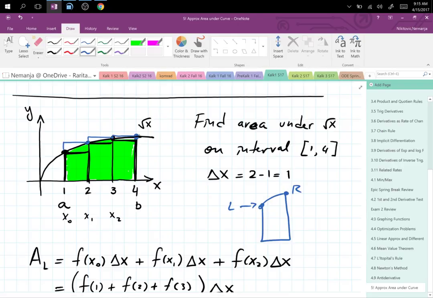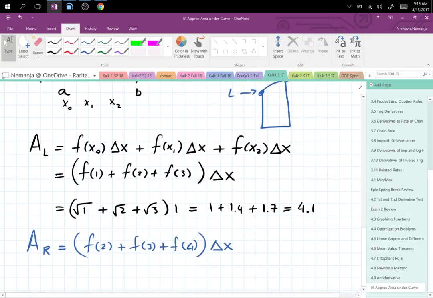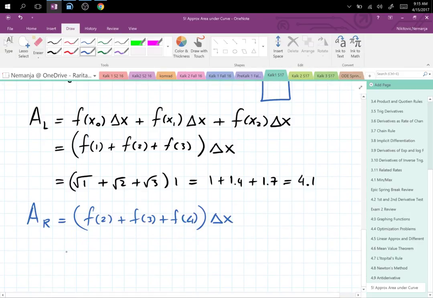So they're shifted by 1 to the right, because now we're using right points. So that would be square root of 2 plus square root of 3 plus square root of 4 times 1, which is 1.4 plus 1.7 plus 2, which is 5.1.